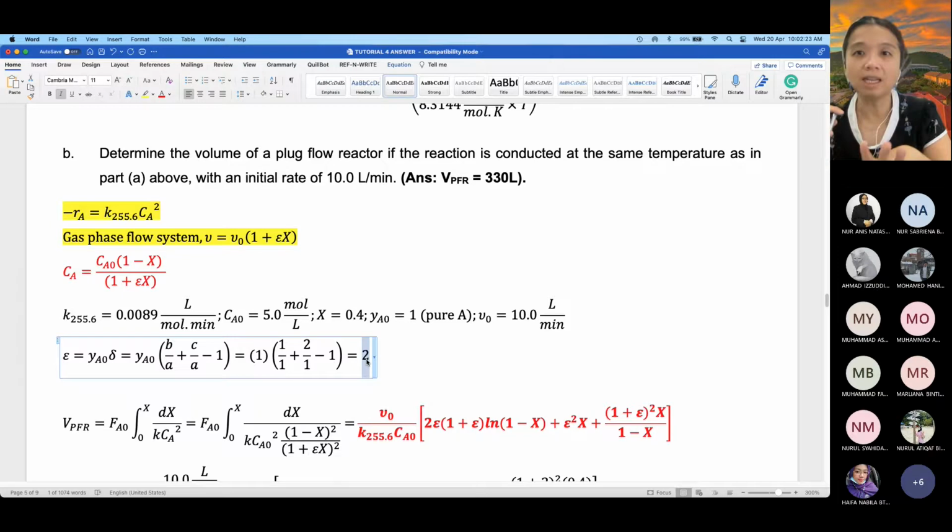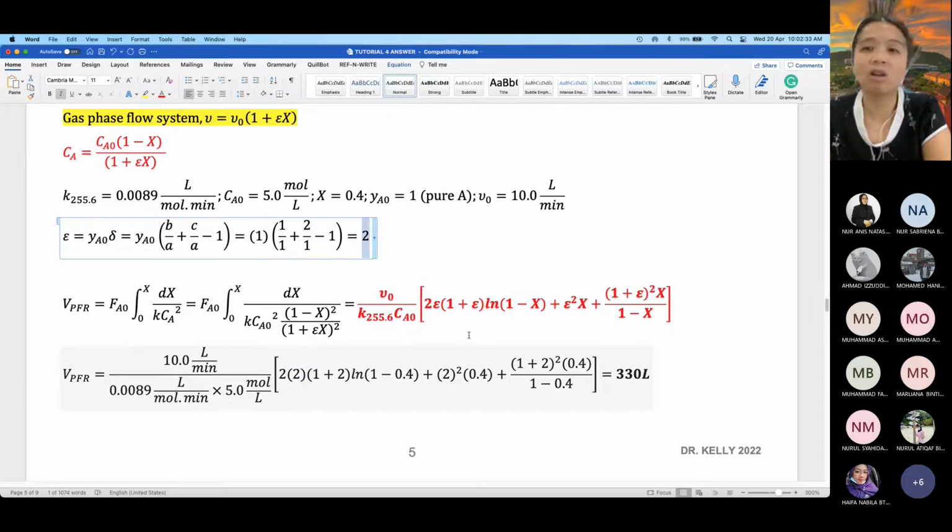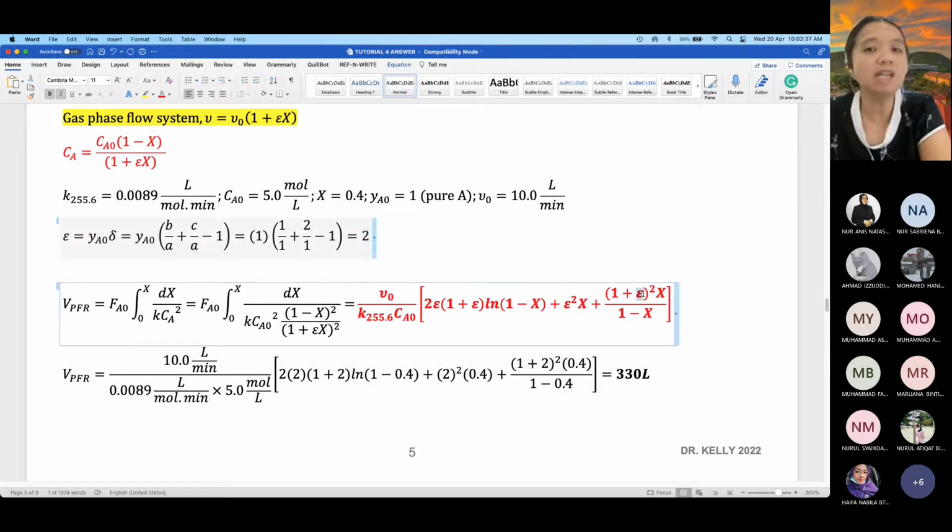Okay, so kalau kamu dapat negatif, kamu jangan takut kamu rasa salah. It can be negative, and if you get positive pun, it can be positive, but make sure you calculate correctly. So once you get your epsilon, okay, straightforward, you just replace into the equation. So this is quite a long equation. Okay, you have to learn when you got time after this. Please make sure you really try to practice using your calculator to calculate.